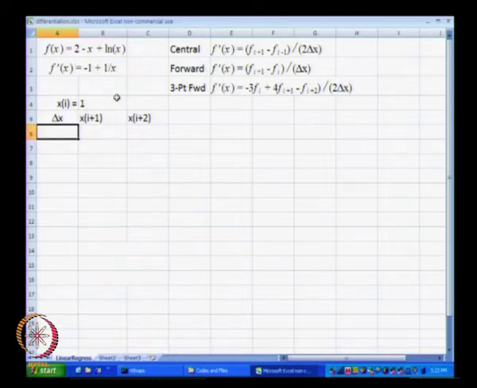So we will try to solve this problem for various values of delta x. We will take delta x equal to 1, 0.1, 0.01, and so on. I will just drag it down, each equal to the previous one divided by 10.